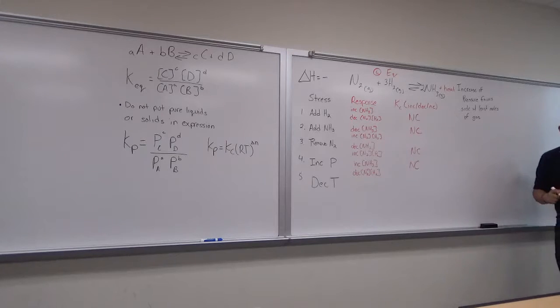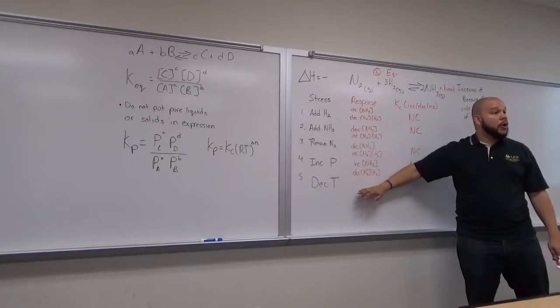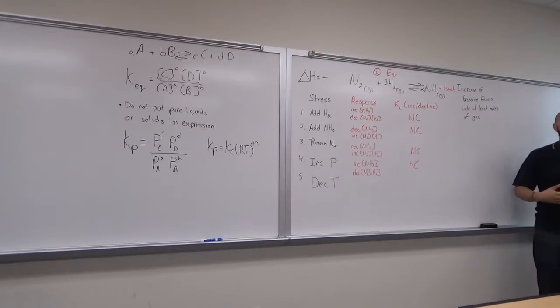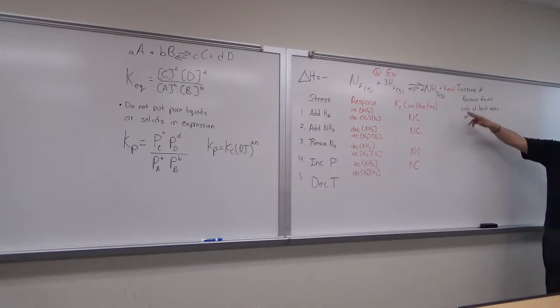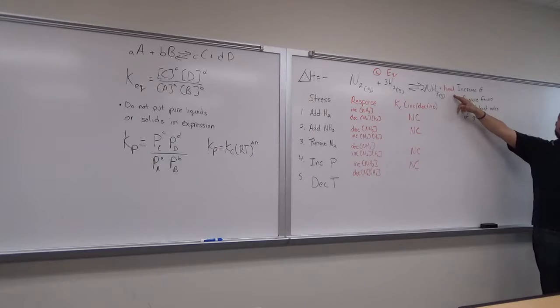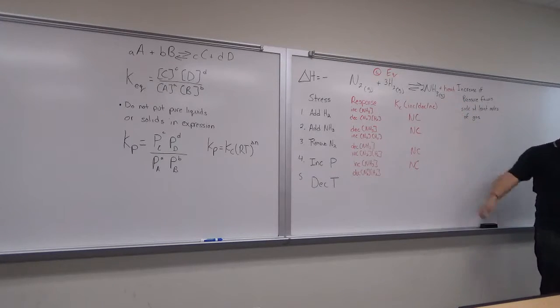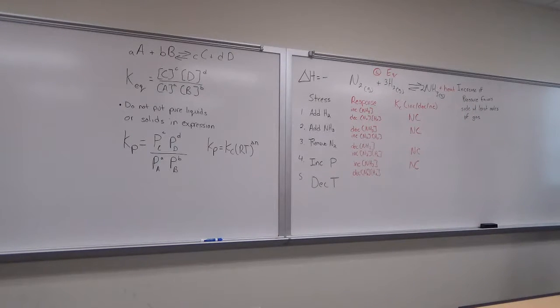Now we say if we decrease temperature, we know that decreasing the temperature means that energy is going to be transferred from the right to the left. So if we decrease the temperature, we need to replace a product effectively, because we're now cooling the system down.